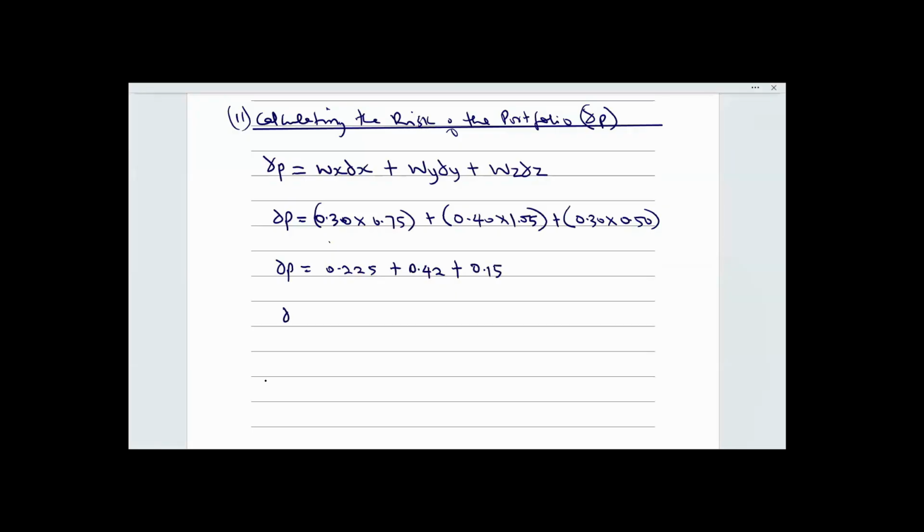Then we add it up. We have the three of them, plus 0.795.